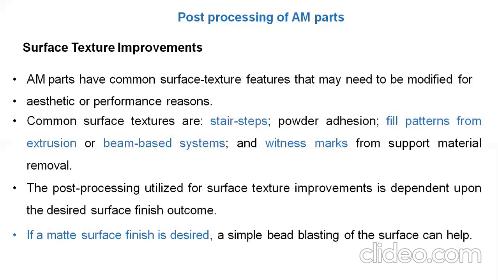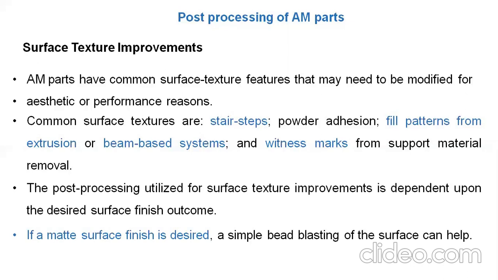Means after cutting the support material, witness marks are also present over the surface. So we have to remove these marks of your support material from your AM parts. Then layer by layer process, we have to remove these marks of the layers from the surface. So surface texture improvement processes are carried out for aesthetic and performance reasons for improving the component.